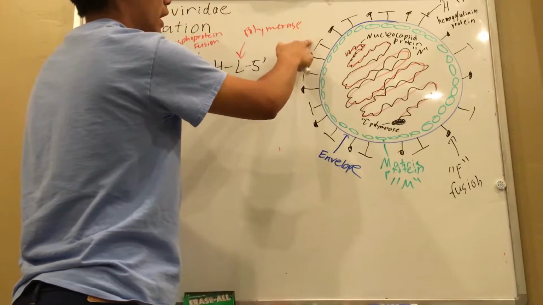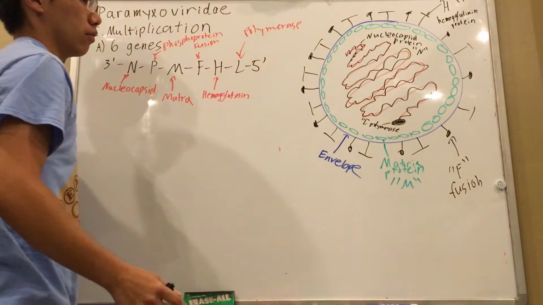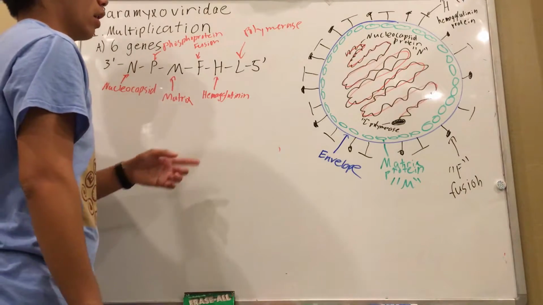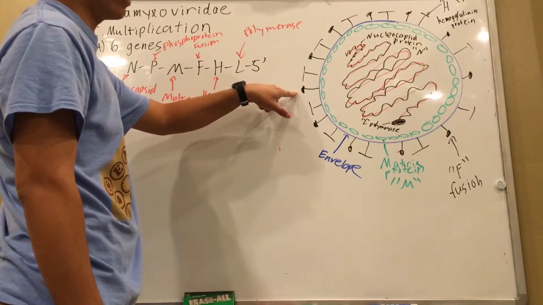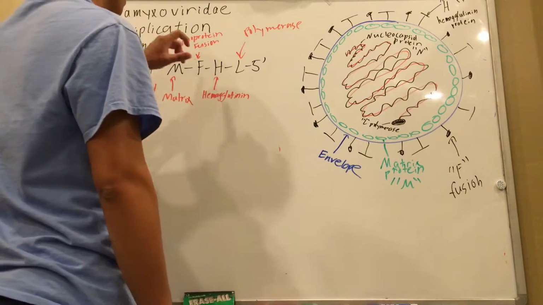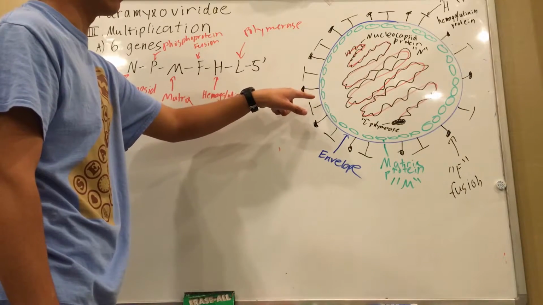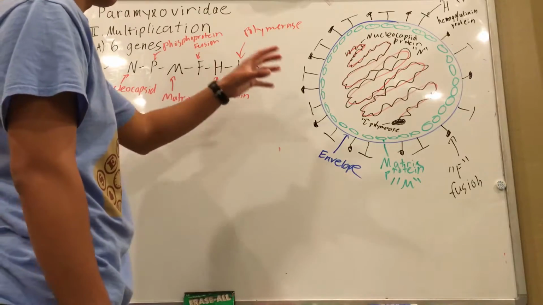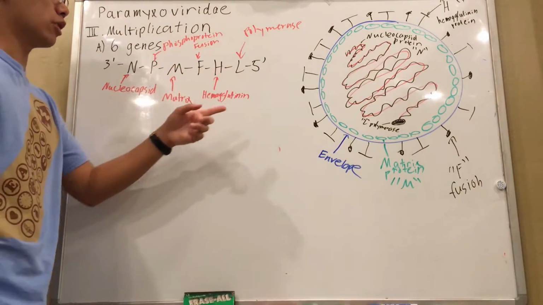The H allows the virion to bind to sialic acid, basically bind to your cells, and then the F allows the virus to enter your cell. It fuses the membrane of the virion, and then it just allows the whole thing to enter your cell. So that's why it's called fusion protein.